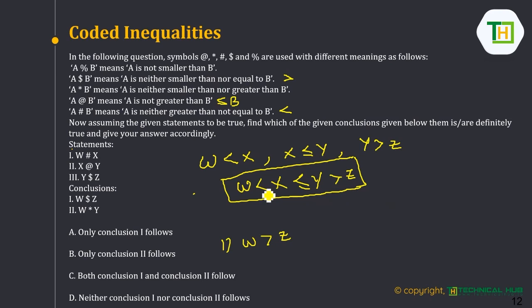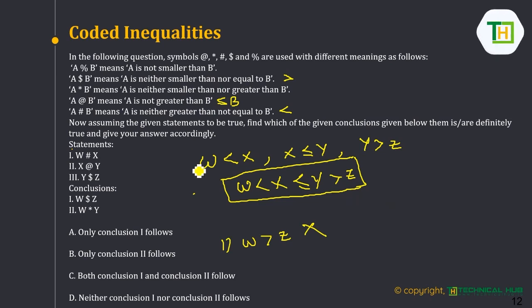One is less than, one is greater than, so the relation can't be determined. We can't say the exact relation. So definitely W greater than Z is a wrong answer.